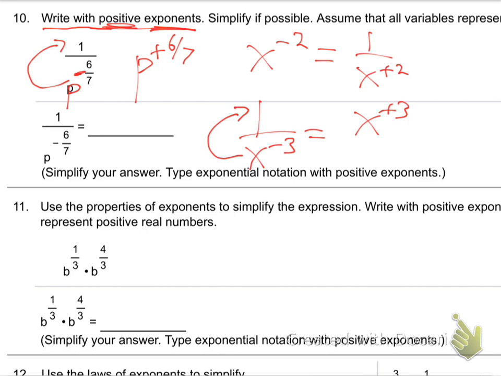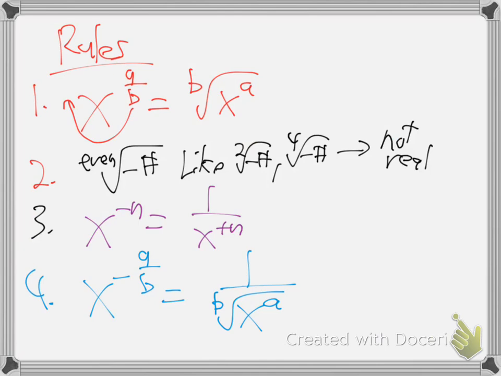All right, try number 11 then. What are we going to do on that one? Well, we should probably add to our rules. Do you know what the rule is there on number 11? Let's go back and add to our rules. I'm running out of room here. Rule number 5: x to the a times x to the b is x to the a plus b.